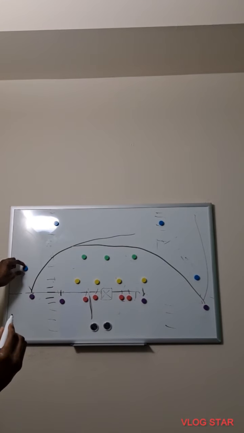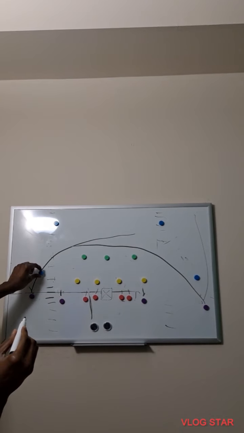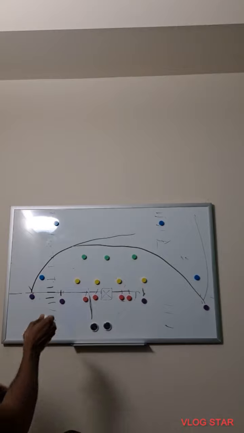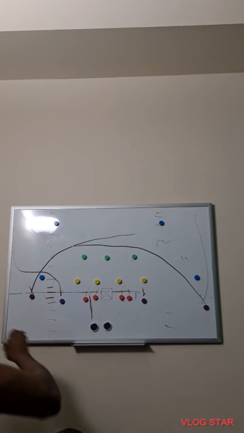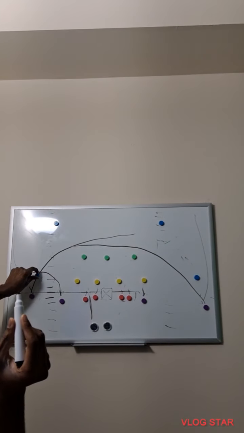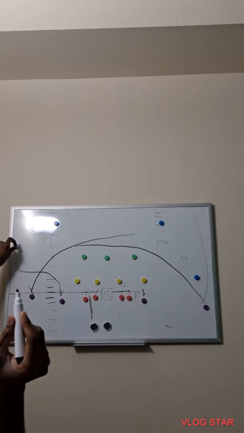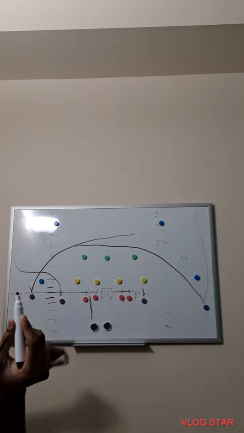And what that's going to do is make him jam inside. So if he jams inside and follows that a little, like some corners will, even for a few steps, you could run a wheel on him, and then honestly, if he jams him and follows that for a little bit, that wheel is going to be wide open if that safety doesn't do its job.